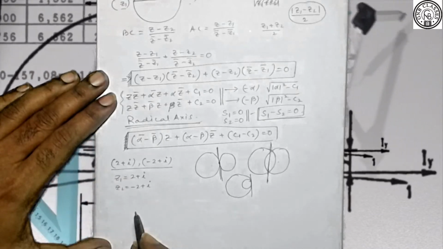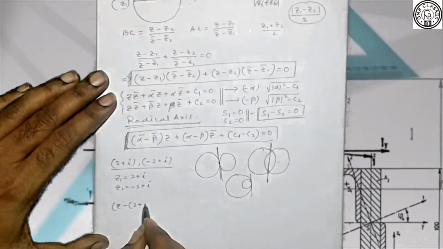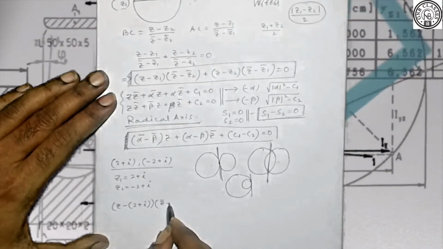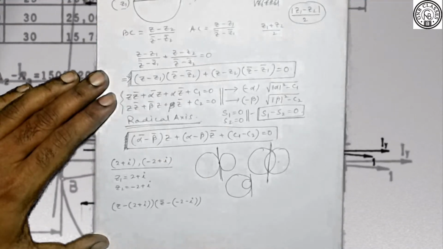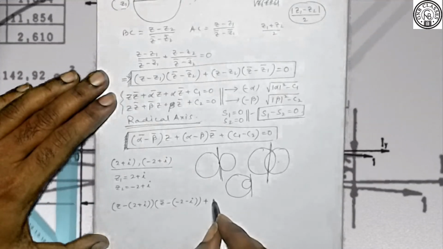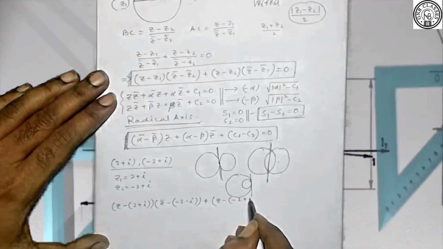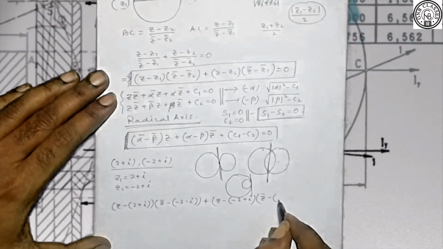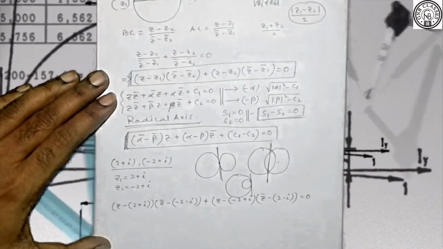Therefore, the equation of the circle will be (z minus z1)(z bar minus z2 bar) plus (z minus z2)(z bar minus z1 bar), which is 2 minus iota, equals 0.